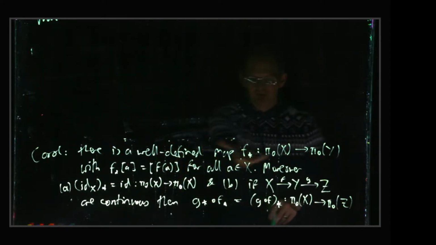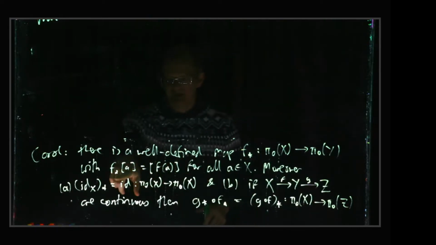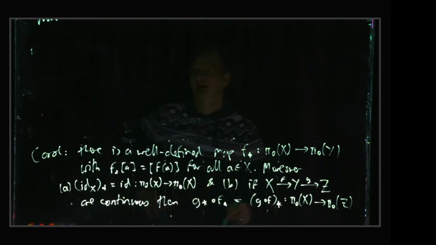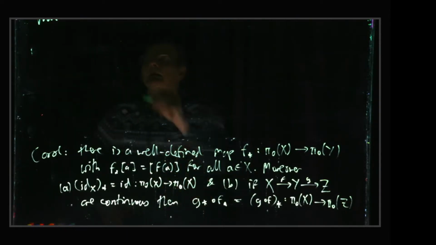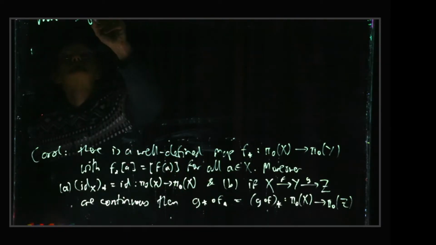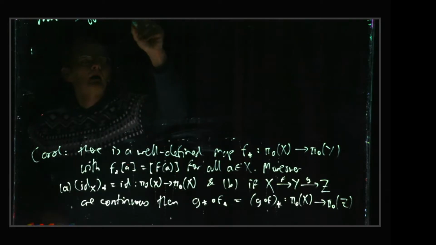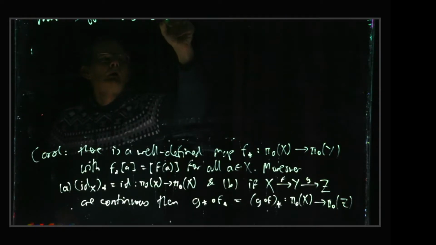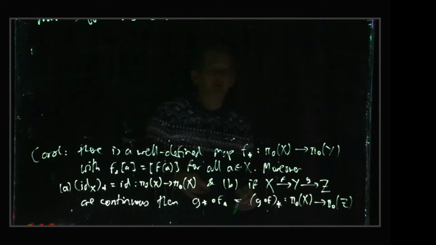So we've got the recipe which specifies what f lower star is supposed to do. It's supposed to send square bracket A to square bracket f of A. But the potential problem with this is, what if square bracket A is the same as square bracket A prime?